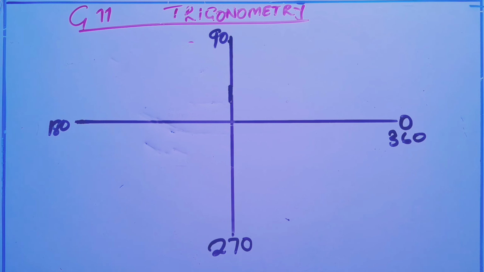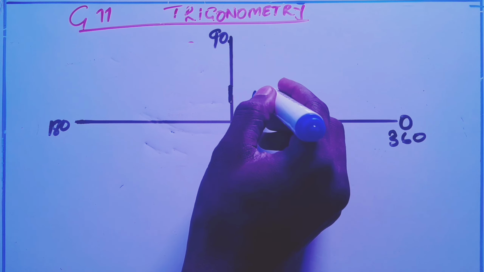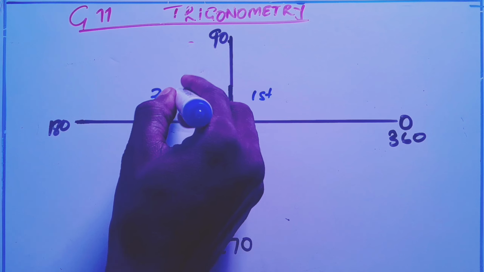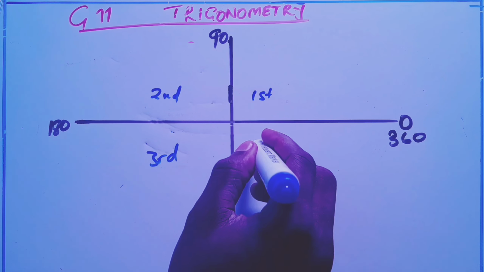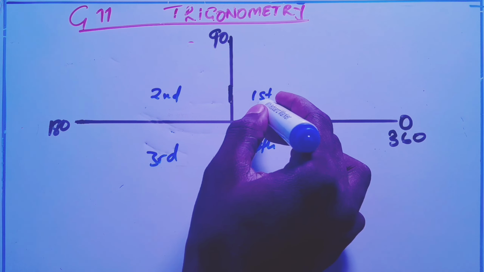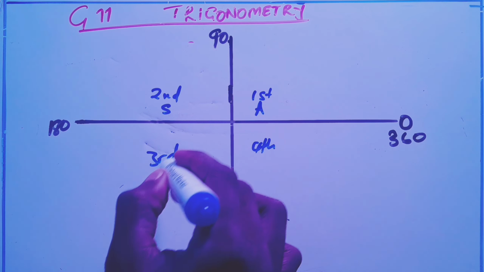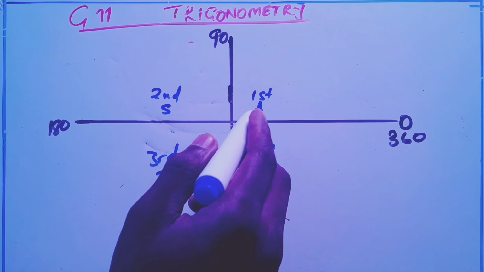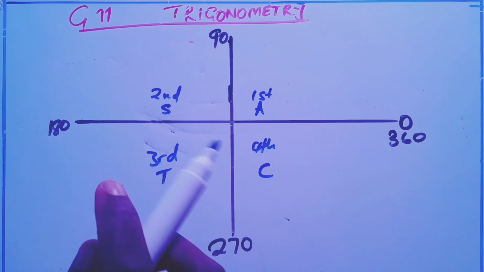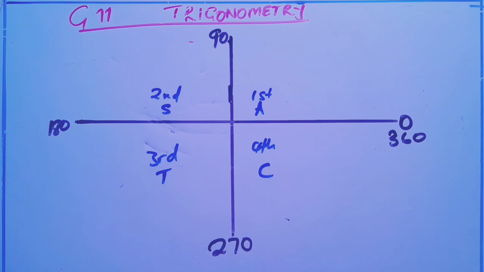So let's take a look at this Cartesian plane. This is our first quadrant, second quadrant, third, and fourth, right? And don't forget that we have this situation where all are positive, sine is positive, tan is positive, and cos is positive, right?